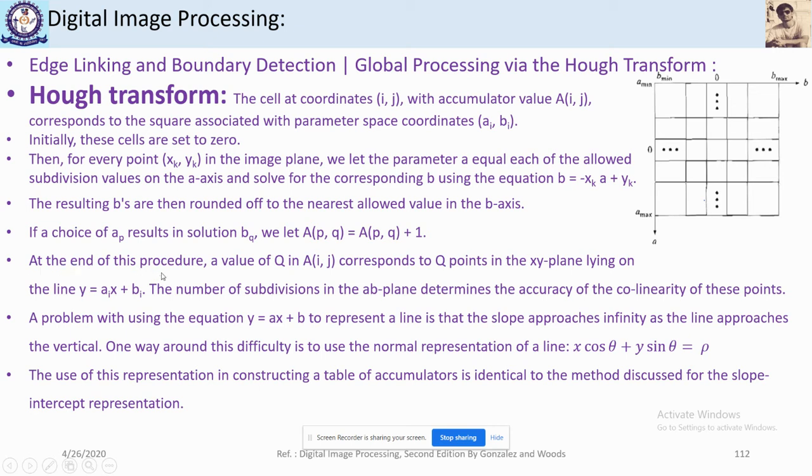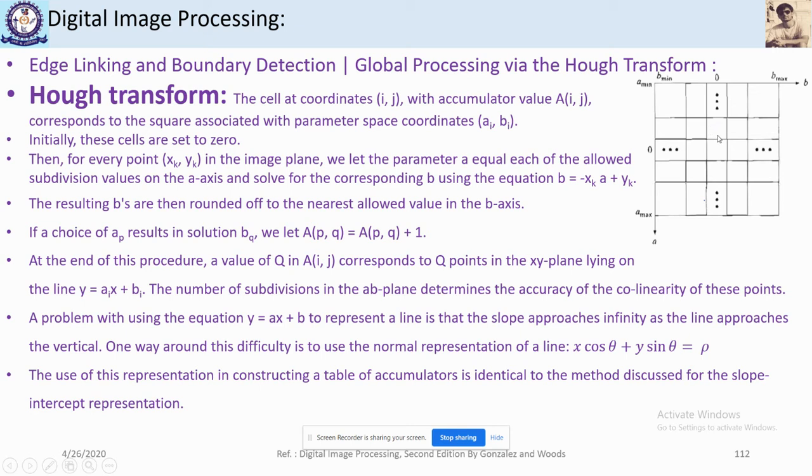At the end of this procedure, a value of q in aij corresponds to q points in xy plane lying on the line y is equal to ai x plus bi. This means, suppose this cell is aij and its value is q.